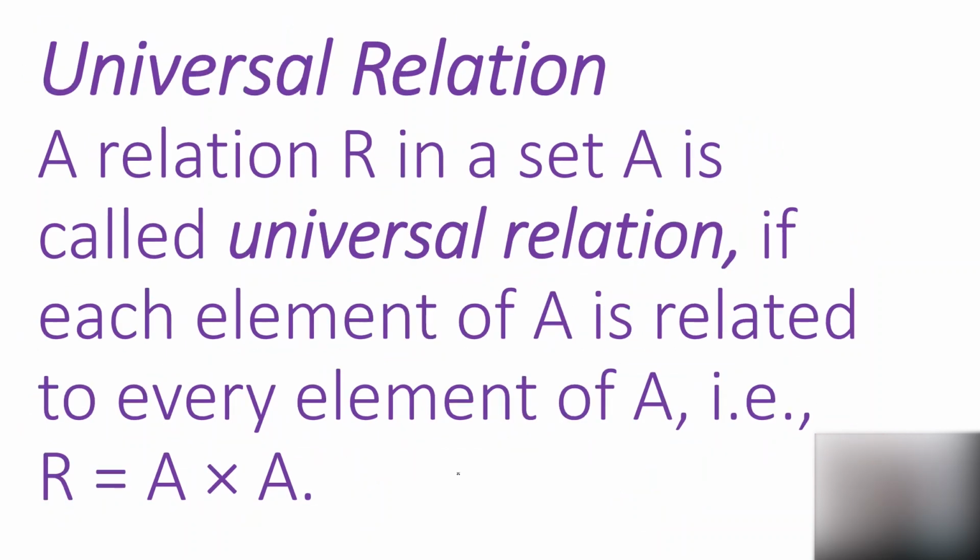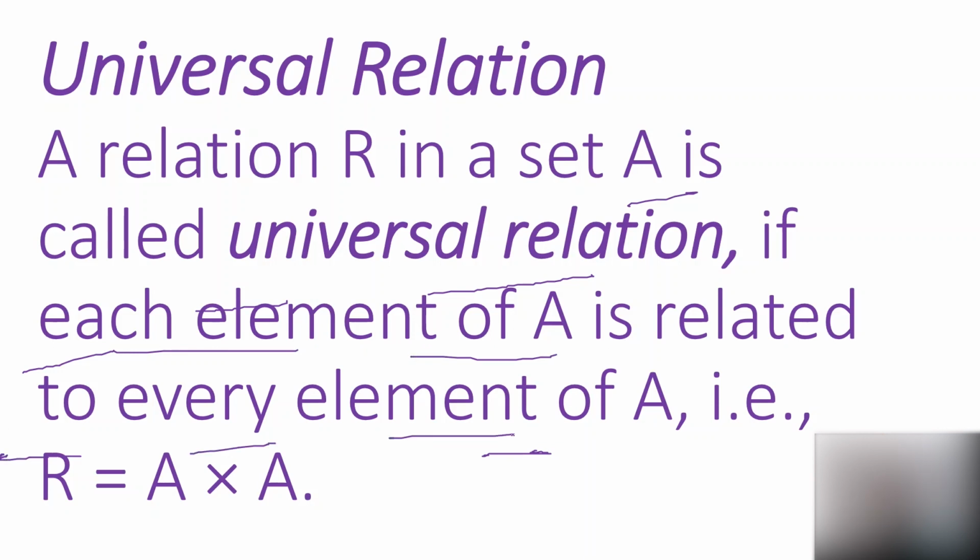As its name suggests, a relation in a set A is called a universal relation if each element of A is related to every element of A. That is, the relation is equal to the complete Cartesian product of A and A.